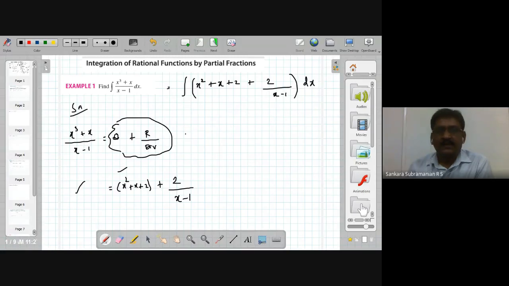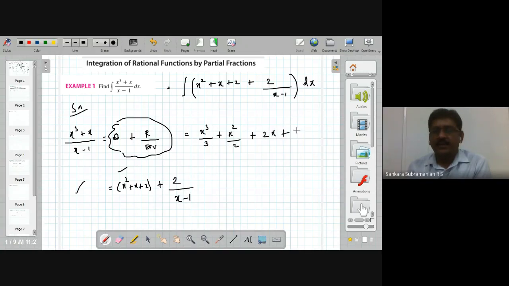What is the integration of x square? You get x cubed by 3. The integral of x power 1 is x square by 2. Integrating the constant with respect to dx, you get x. So 2 can be taken out, and you get 2x.